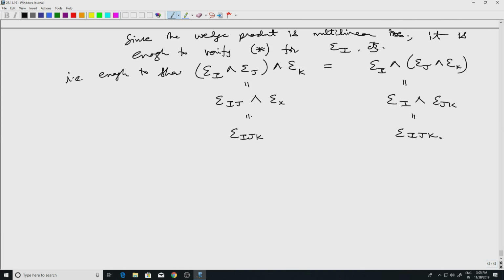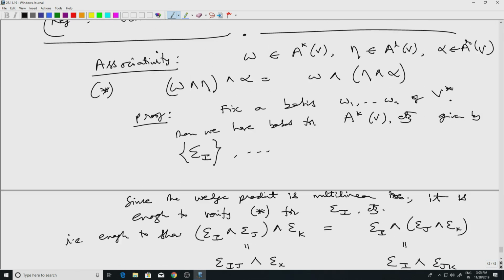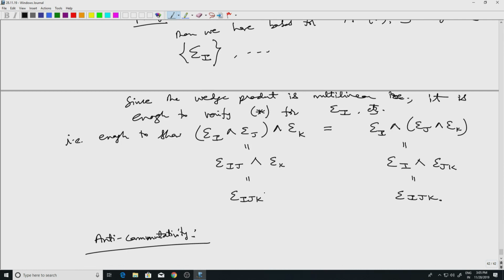Now, the other thing is anti-commutativity. First let me write down the formula.